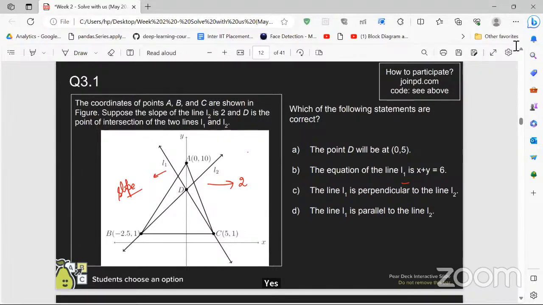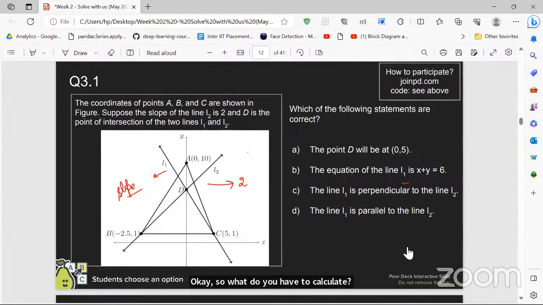Okay. So, this was your question. You have been given 3 data points, A, B, C. And then you have been given L2 with the slope 2, and L1 also is given, but you have not been given the slope for L1. So what you have to calculate is the D, and the other thing is the slope of L1. I told you how to calculate that also.